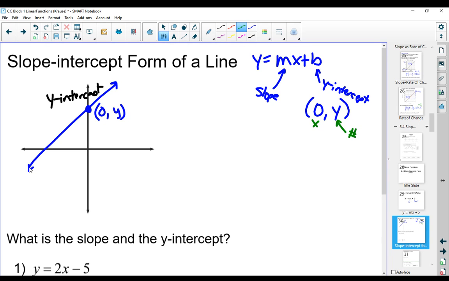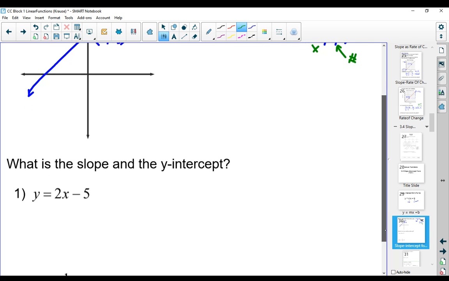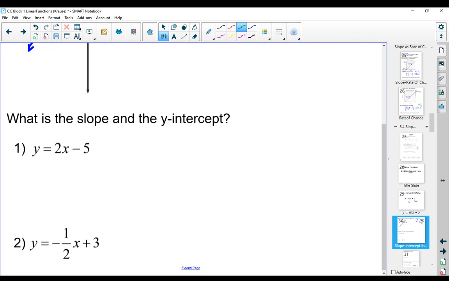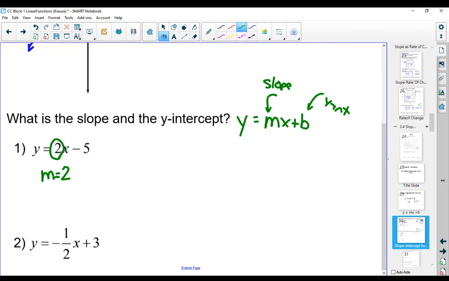We're going to look at a couple of equations down here. First one says y equals 2x minus 5, and we're being asked for the slope and the y-intercept. Again, y equals mx plus b. m is our slope, b is our y-intercept. So for this question, 2 is our slope, so m equals 2.